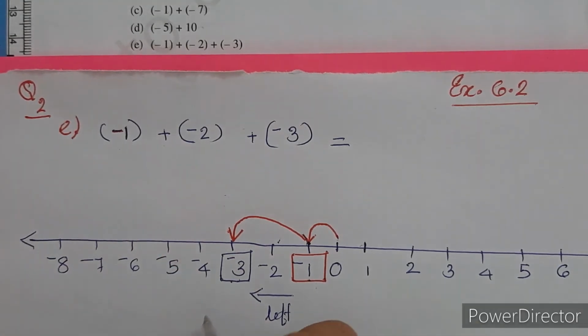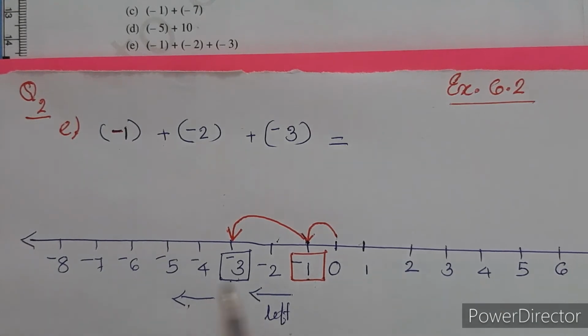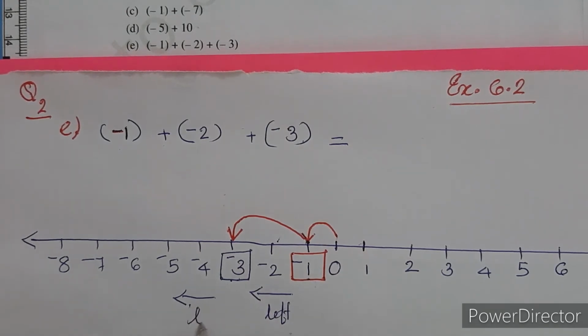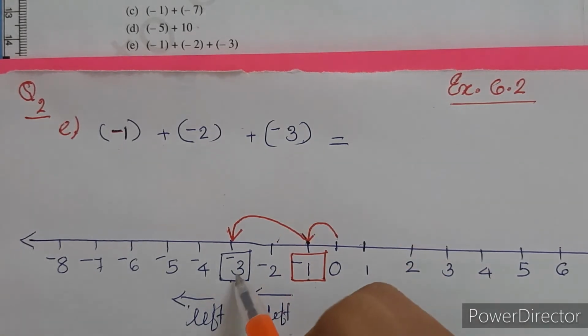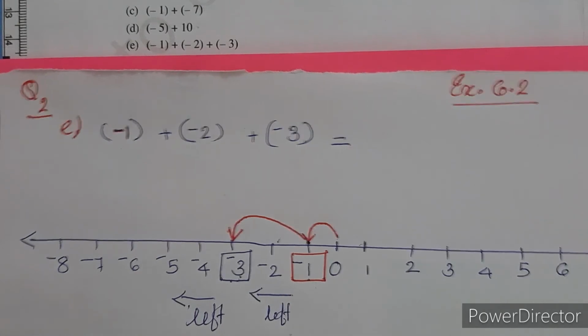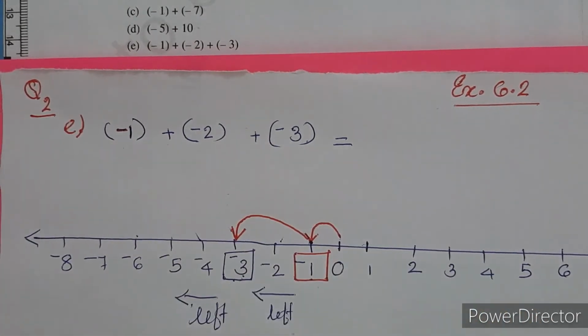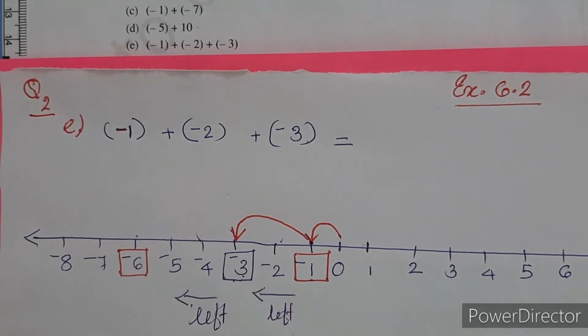Okay. Minus 3 is the starting point. This is the left direction, because we choose the left direction since the third integer is a negative integer. So we obviously choose the left direction on the number line. So from minus 3, 3 points we can move. Right. So 1, 2, 3. So we can reach minus 6.